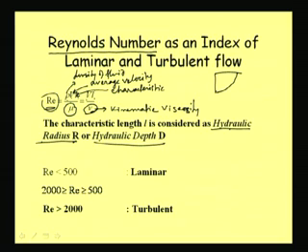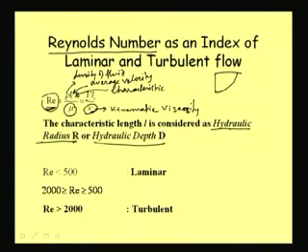And similarly, if you allow the same fluid with the same velocity to flow in a smaller channel, with a small hydraulic radius or a small hydraulic depth, then there may not be that much turbulence. But with the same velocity, if it is flowing with a higher hydraulic depth, then you can find that the turbulence is increasing.